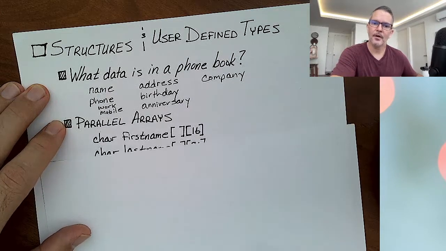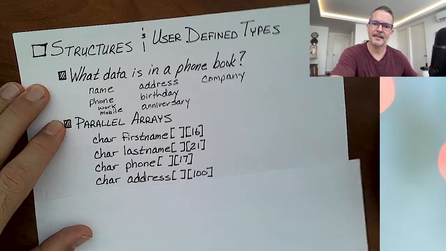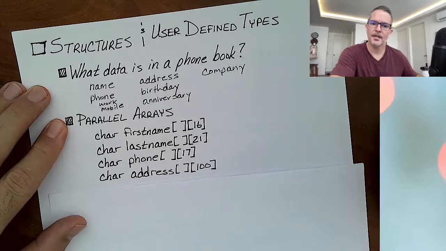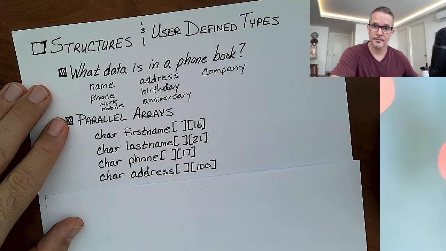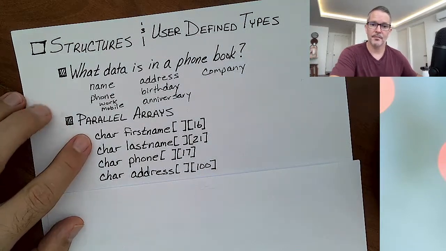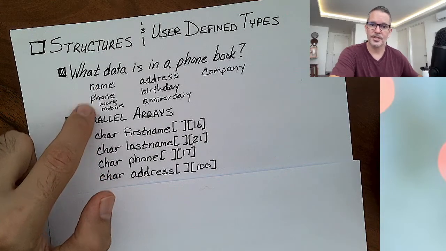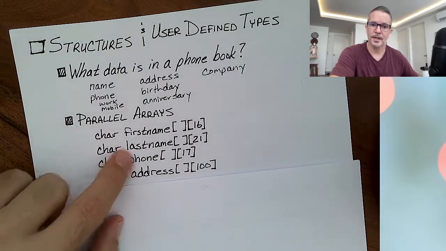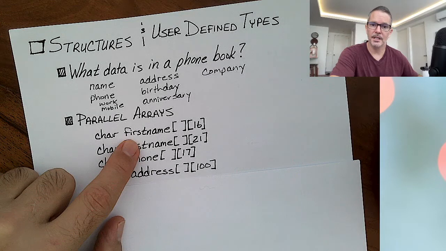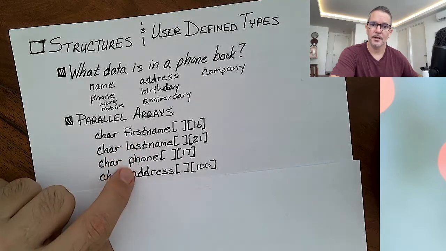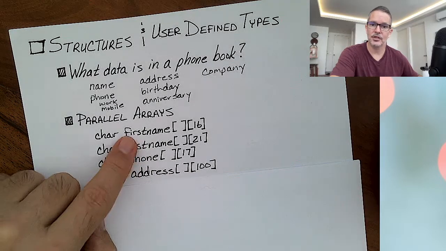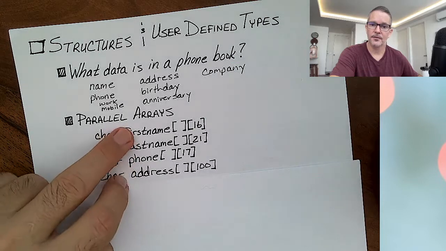And up until now, we've seen this technique that is called parallel arrays. So what this means is, in order to represent each element of the phone book, we'd have to create a unique array that will hold the entries of the phone book.